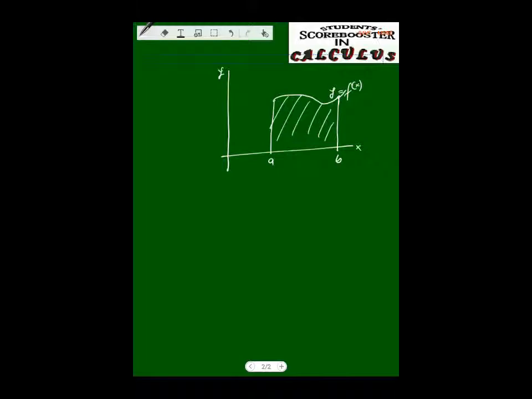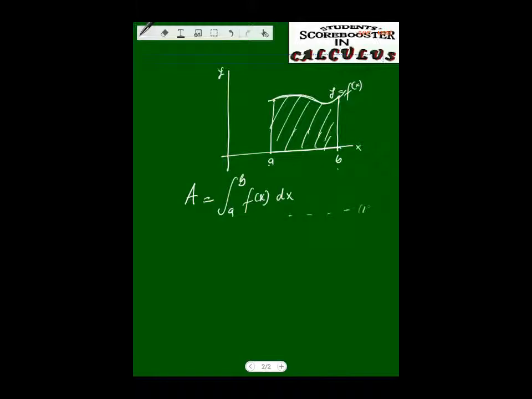So the area under the region, this region that I've shaded, that lies under the graph of y, that is this one, and above the x-axis, from x equals a to x equals b, is given by A equals the integral from a to b of f of x dx.